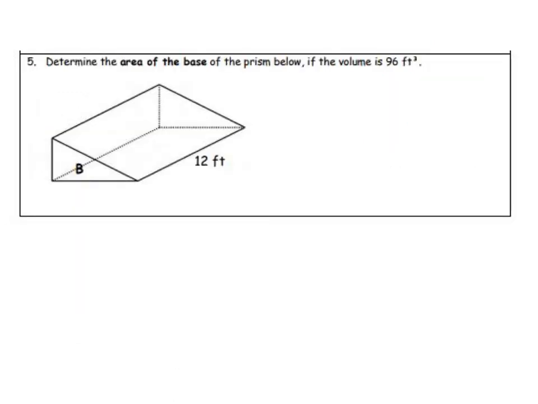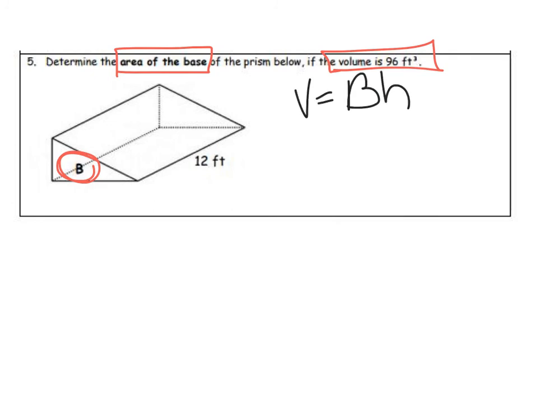So if you look at number 5, it says determine the area of the base. So they are giving you the volume, and you need to find the area of the base. So it is a triangular prism, but we're still going to go ahead and divide it. So we still have V equals capital B times H, which is area of the base times the height.